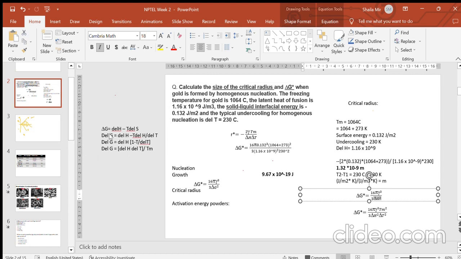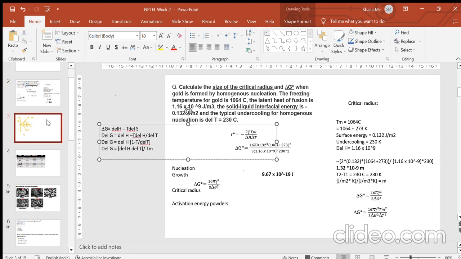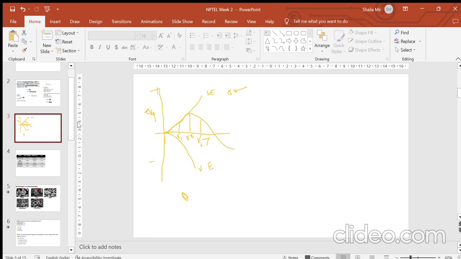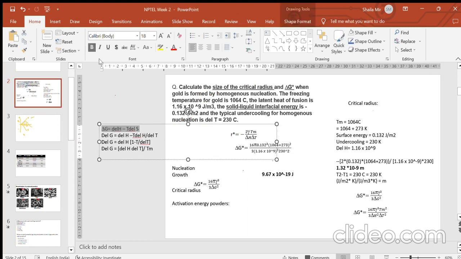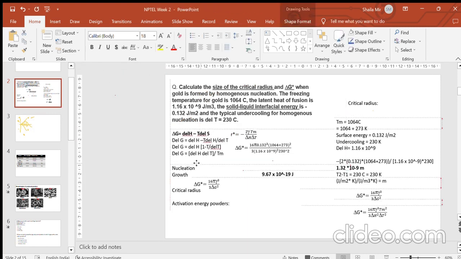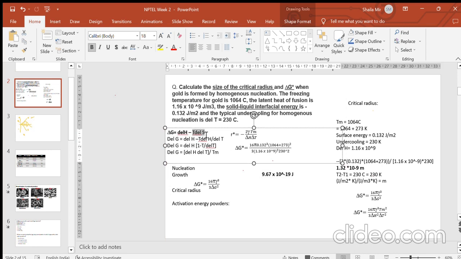So for that, we write that delta G, which is a volume free energy, is given by delta H minus T delta S. We have studied that delta G will be equal to delta H minus T delta S. Now we can write that delta G is equal to delta H minus T delta S, but instead of delta S, entropy is a function of enthalpy and temperature.